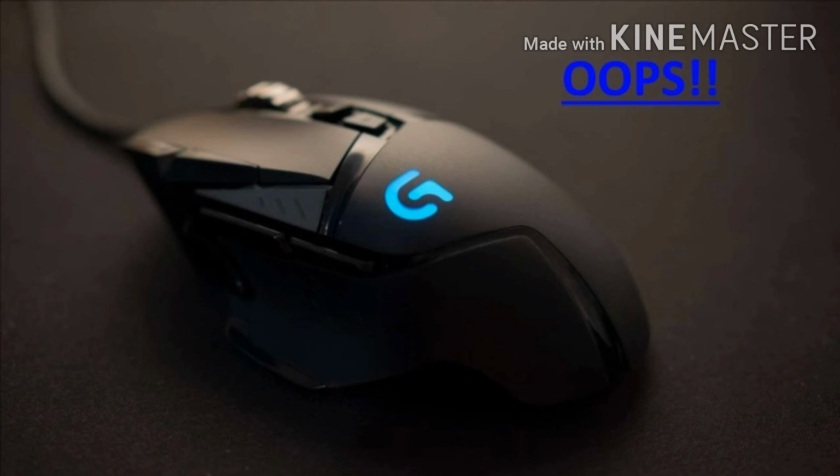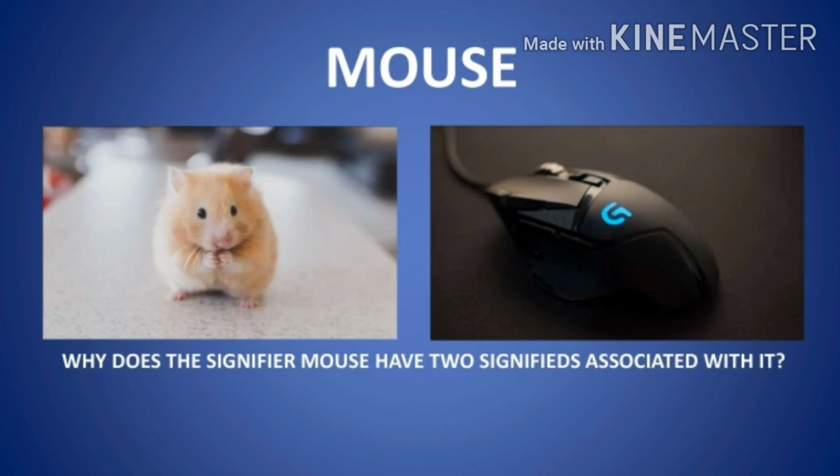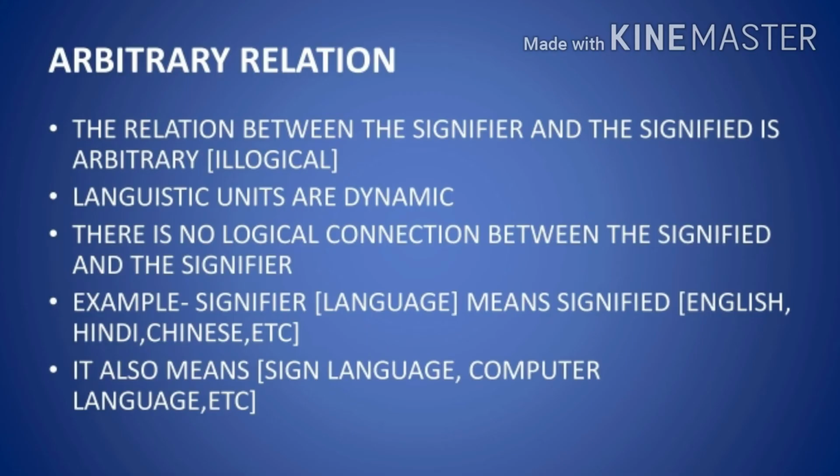No? Or should it be this one? Or is it that both the images would pop up? So what happened? Why did the word mouse betray this image of a rodent? It happened because Saussure says that the relation between the signifier and the signified is arbitrary or illogical.